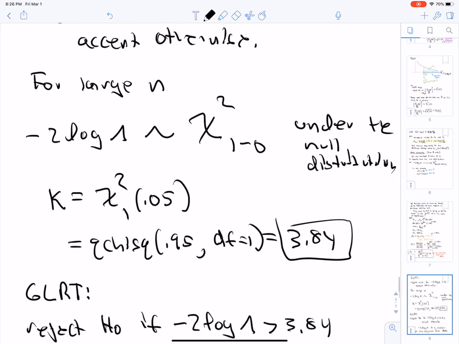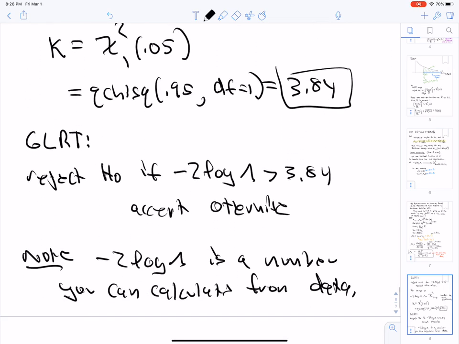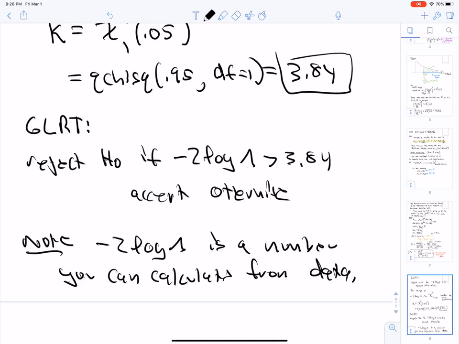So for large n, minus 2 log lambda is chi squared with 1 degree of freedom, and our cutoff will be chi squared 1 with alpha 0.05, which is 3.84. So the generalized likelihood ratio test says reject if minus 2 log lambda is greater than 3.84, accept otherwise, and minus 2 log lambda is a number that you can calculate from your data.